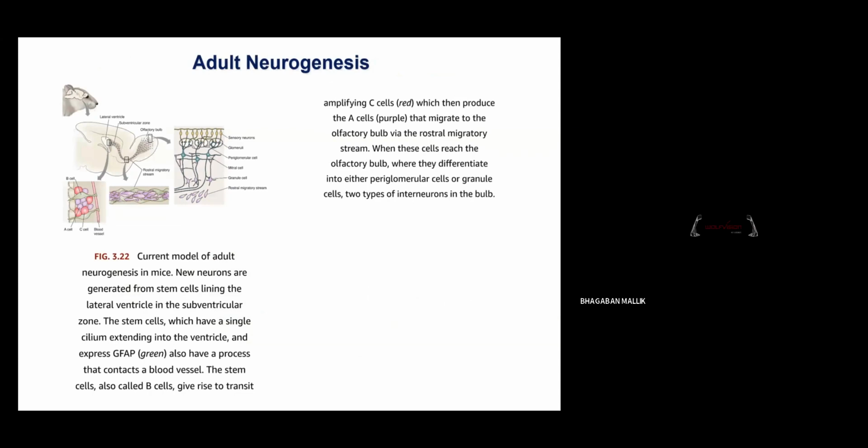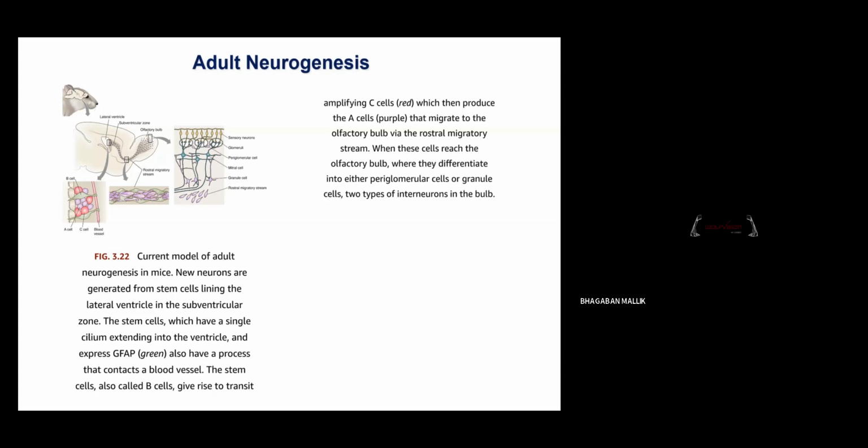This is another example of adult neurogenesis, in the mouse. Here, this part of the brain is shown. During the embryonic stage, neurogenesis happens in the ventricular zone. I talked about how things happen from the ventricular zone in the last lecture. You have something in the adult brain that is reminiscent of the ventricular zone, the lateral ventricles.